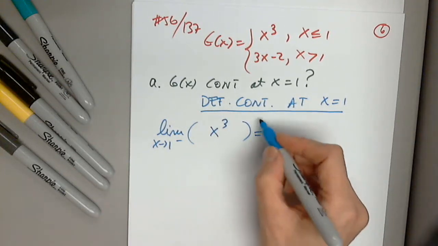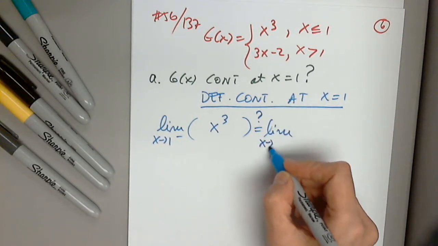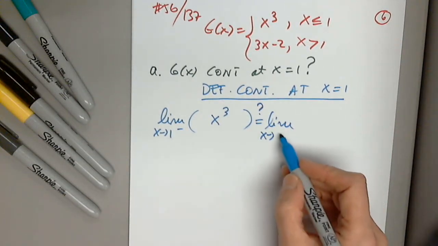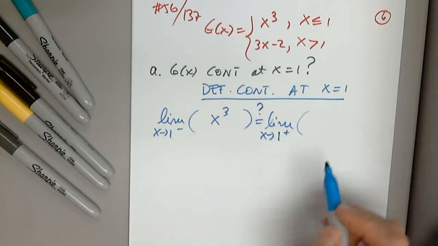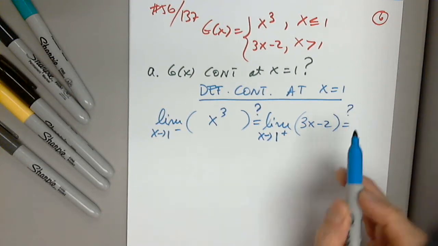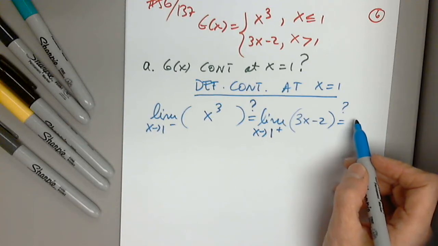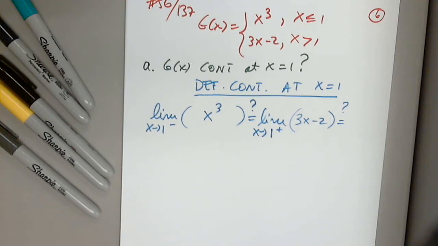Must equal, I don't know, I'll put a question mark on top, limit as x approaches 1 from the right, and it has to equal the same thing. What is the third? F of 1, we are discussing continuity at 1. Perfect. Good.